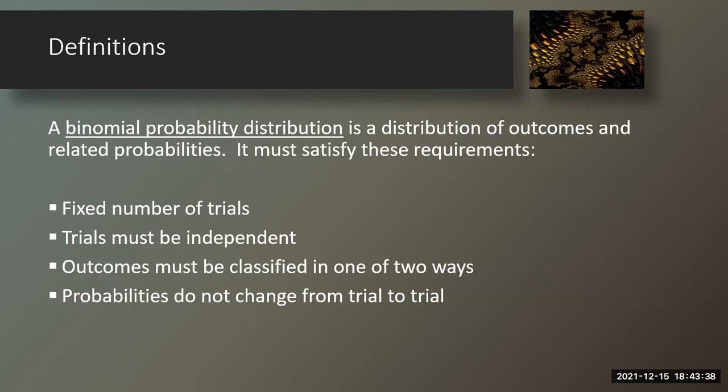Not that we honestly spend a lot of time relying on our calculator to make important decisions, but we need a fixed number of trials. The trials must be independent. The outcomes have to be classified in 2 ways. And the probabilities must not change from trial to trial.